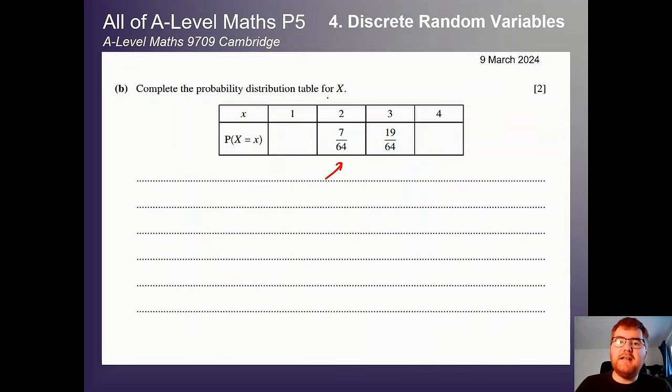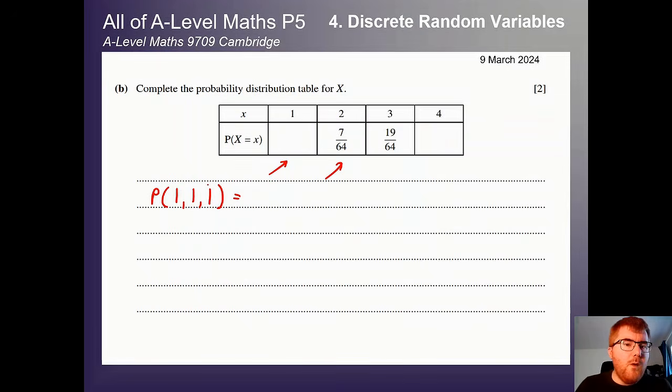And now we need to work out the rest of the probability distribution table here. So let's start with the easiest one here, which is going to be this one here. So the highest number being 1. Well, there's only one way of that happening, and that's if we get 1, 1, and 1 on the 3 spinners. As soon as you get a 2 or a 3 or a 4, that's going to be the biggest number.